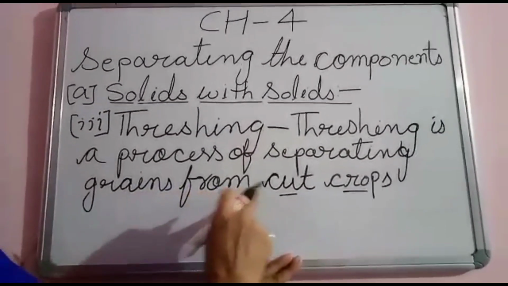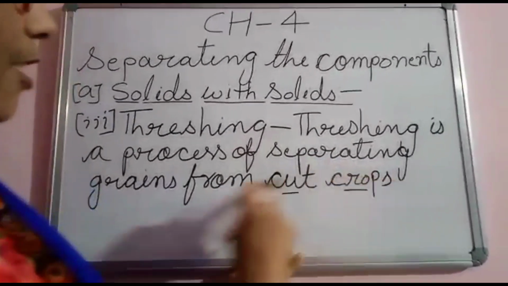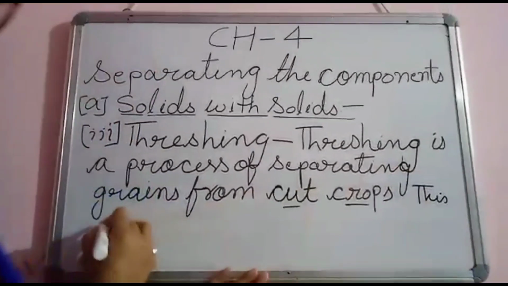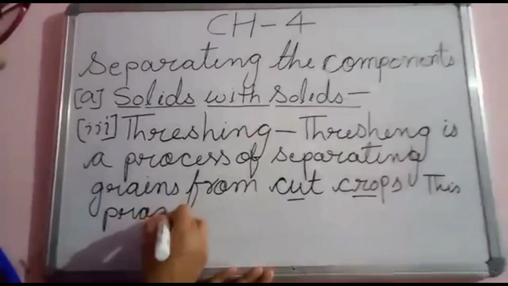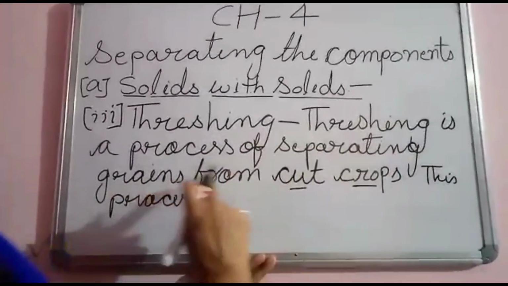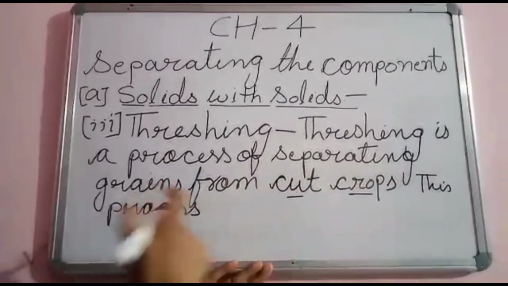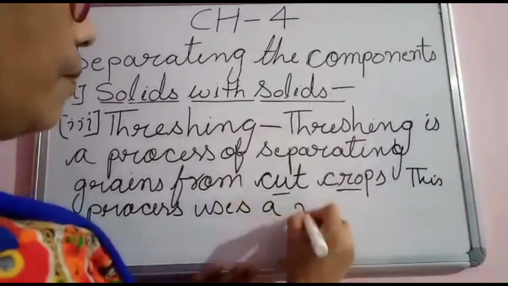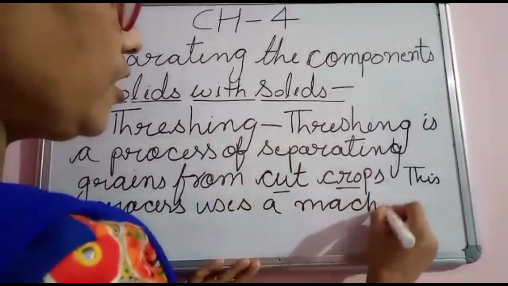Grains are separated from cut crops. Threshing is a process of separating grains from cut crops. This process uses a machine. Do you know machine?